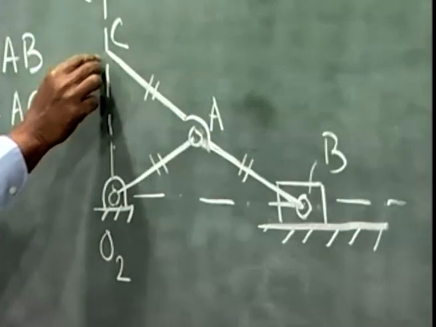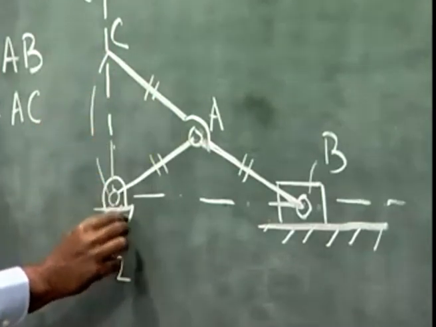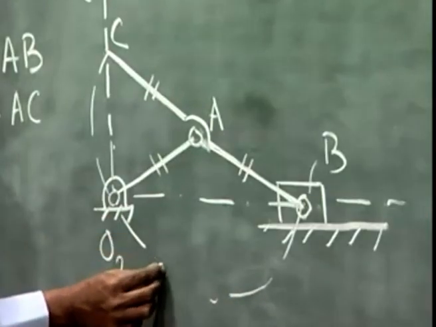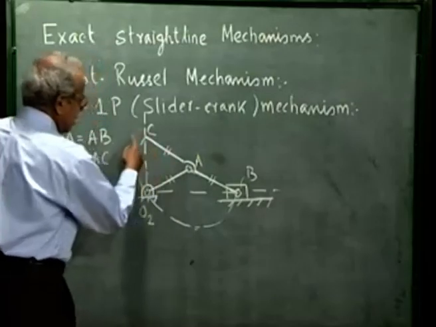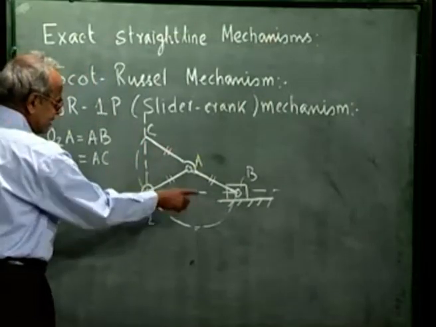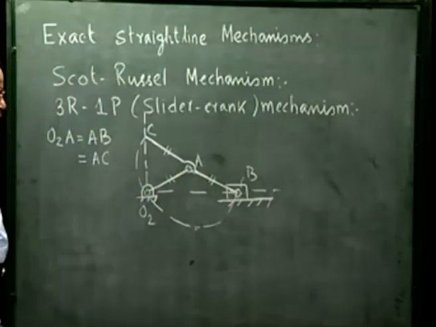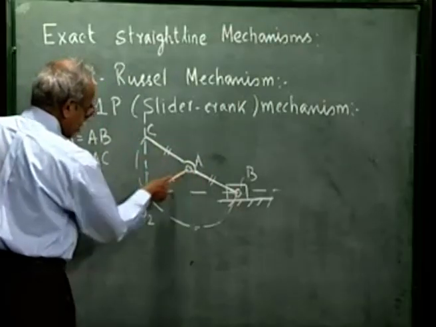these 3 points O2, B and C always lie on a circle whose center is at A and the radius is AO2, because AB is equal to AC is equal to AO2.